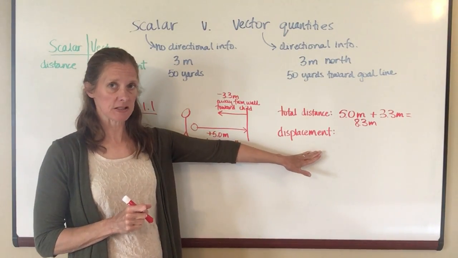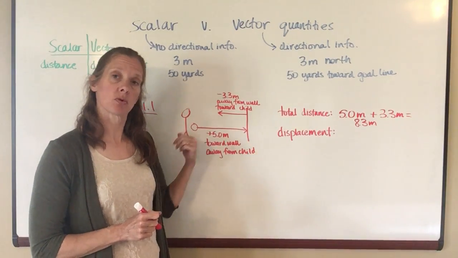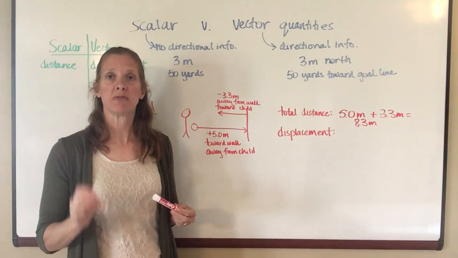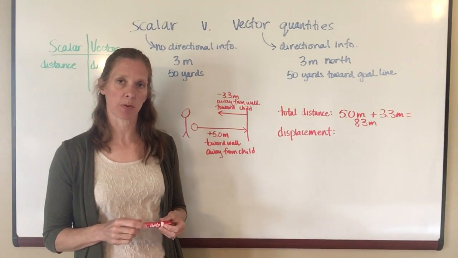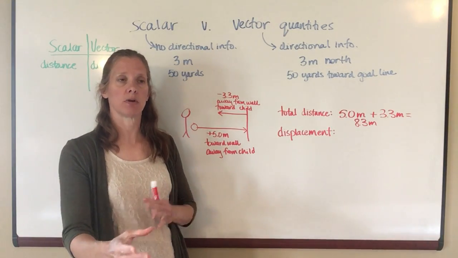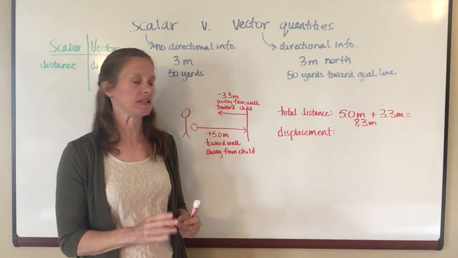Displacement, though, is something different because displacement says where did the ball end up in relation to where it started? And this is where positive and negative numbers come in very handy when we're trying to calculate displacement. When you choose which direction is positive and which direction is negative, it is completely arbitrary. It does not make any difference.